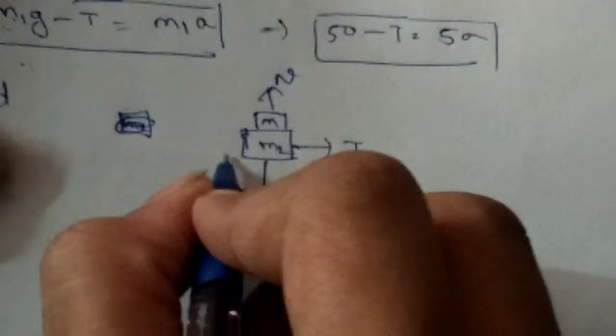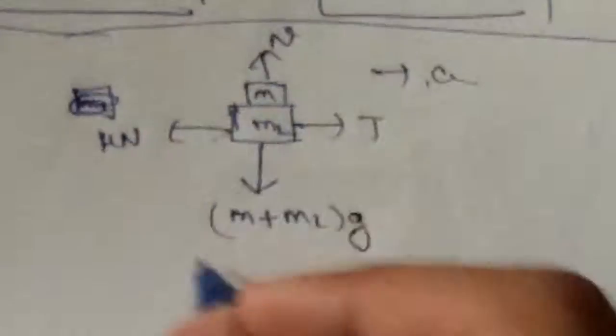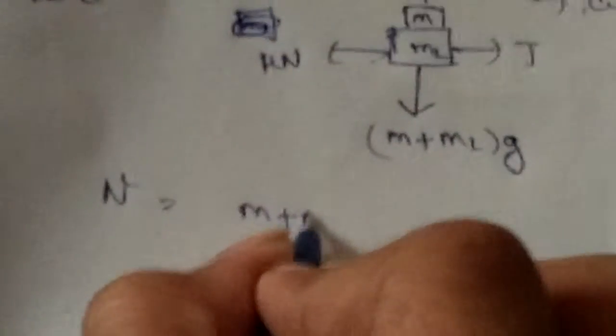Normal force is in this direction and frictional force is in this direction. Let it be mu N, where N is the normal force, and acceleration is in this direction. So here let's balance the vertical component. N balances m plus m2 g.